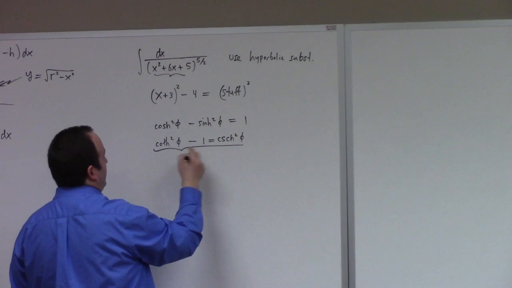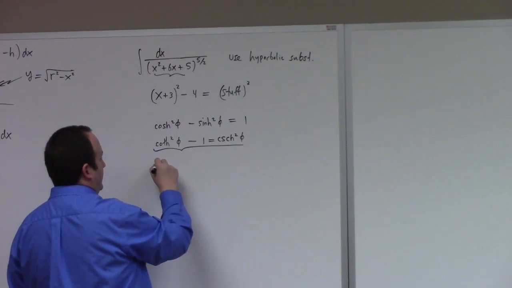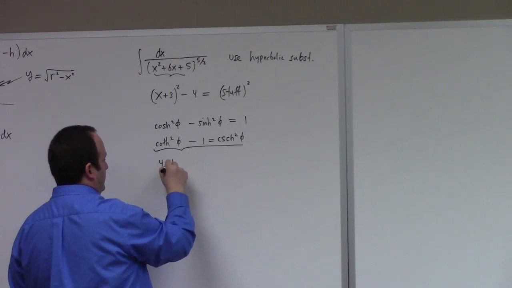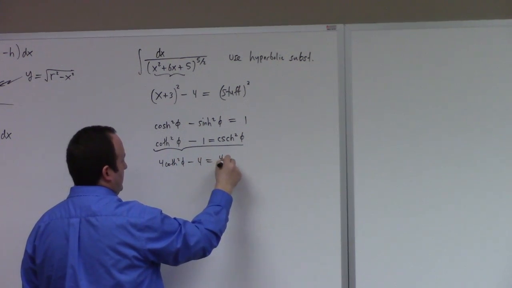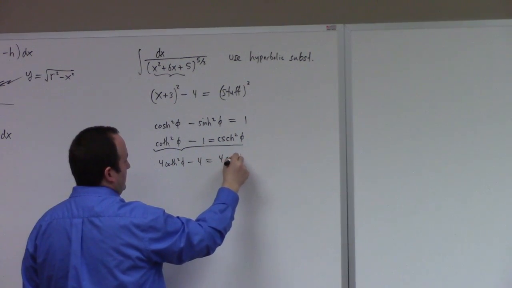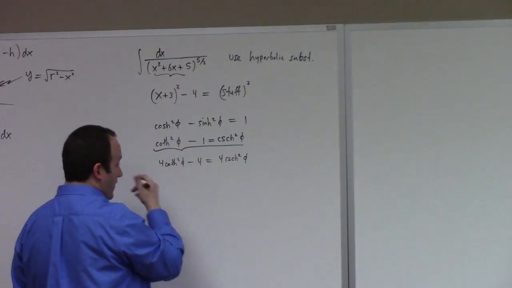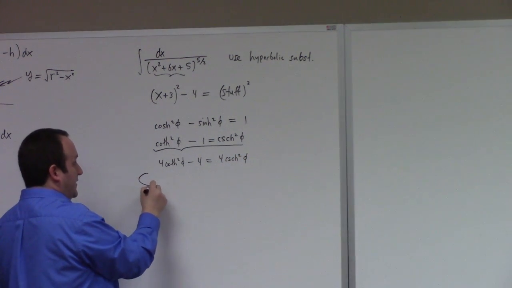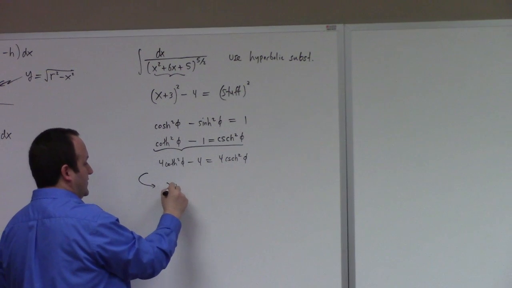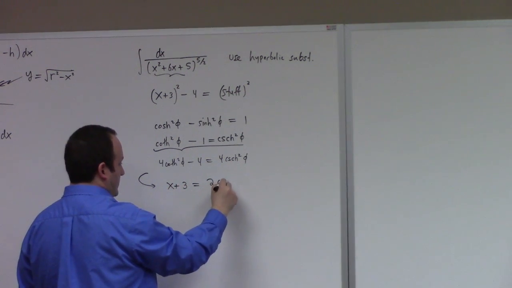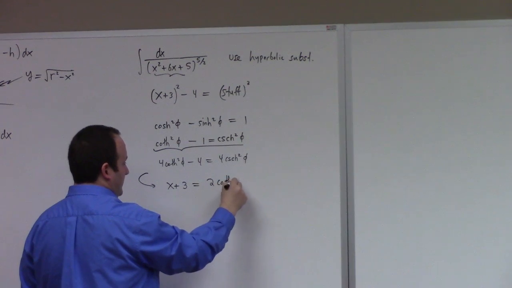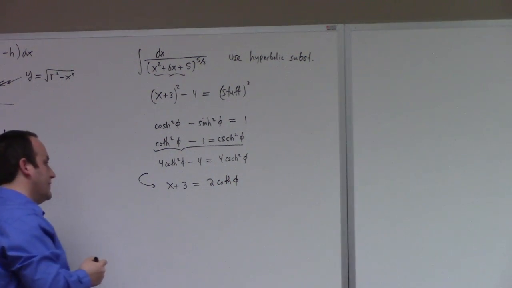So I take this, I multiply this by 4, and I get 4 coth squared minus 4 is equal to 4 hyperbolic cosecant squared phi. So in view of this, I think what I would try would be x plus 3 equals twice the hyperbolic cotangent of phi. I might try that substitution.